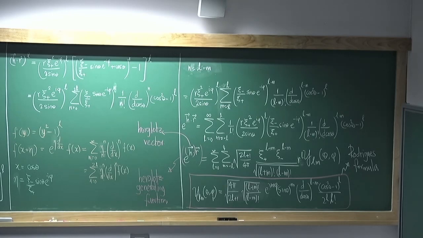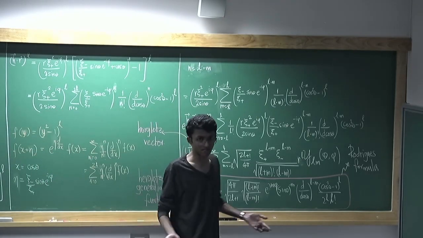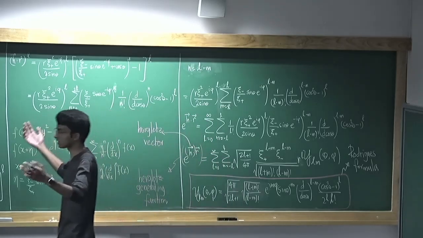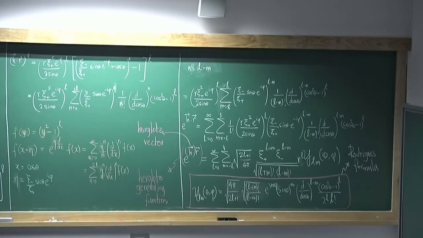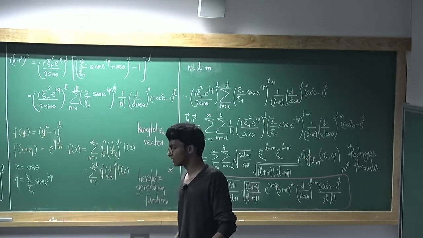But that is something that I wouldn't call a solution in R3, because I'm looking for a solution that's regular in all of R3. But 1 by r to the l plus 1 P_l has a singularity at r equal to 0. So I wouldn't really count that as a solution.